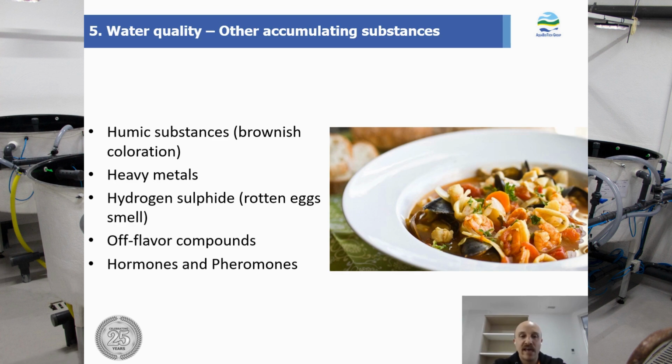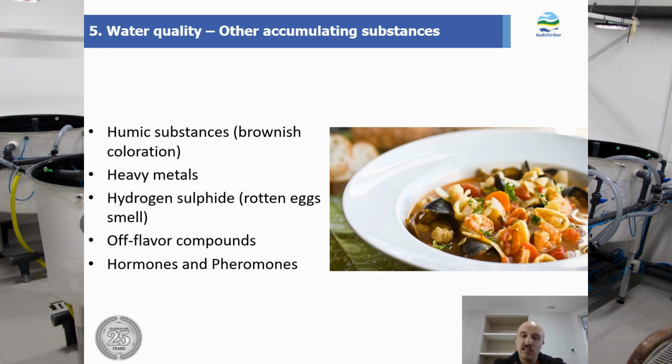We may have heavy metals, which can be contained either in the feed or already in the water. We may have hydrogen sulfide in some part of the system, which we want to avoid as much as possible. We have off-flavor compounds, which are, for example, produced by certain algae. And we have hormones and pheromones, which are the way fish communicate in the water.